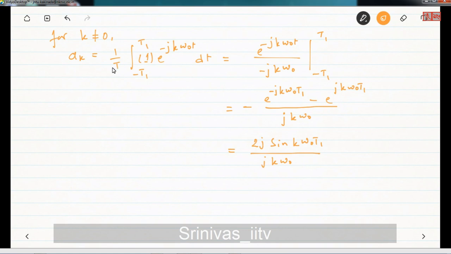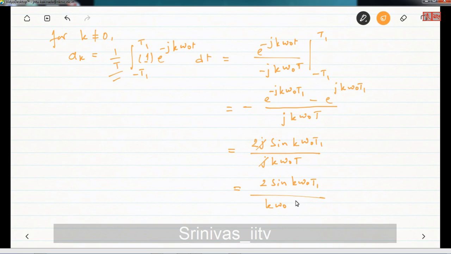So here there is this 1 by T, right? So this capital T also comes here, and I can write it as sine k omega naught t1 divided by k omega naught.